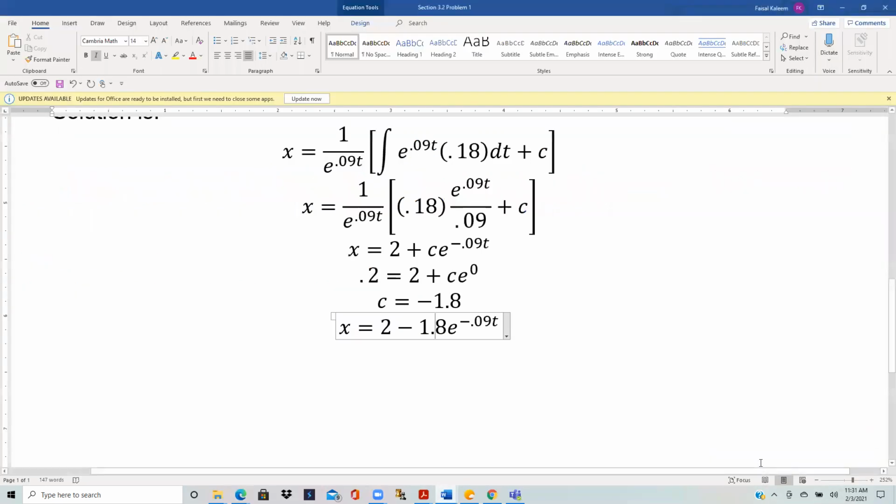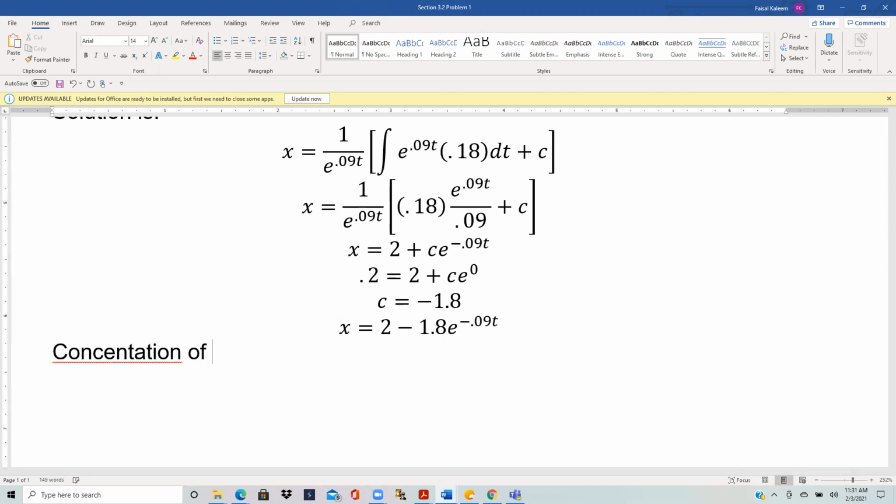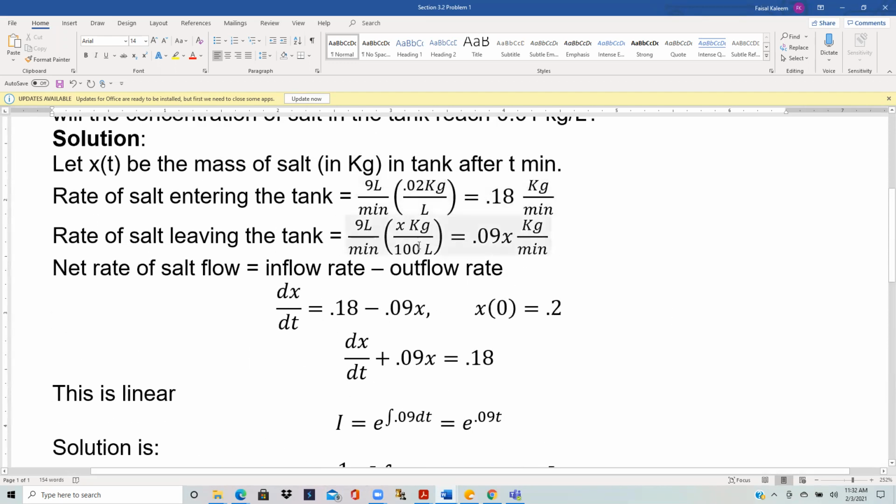Let's go back to our word screen. So the concentration of salt at time t is, so the amount of salt is x, and the concentration, remember we found it over here.